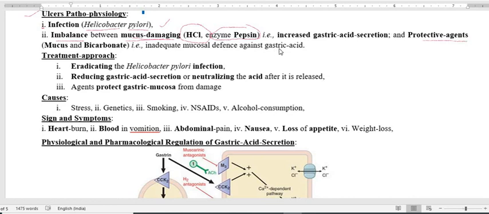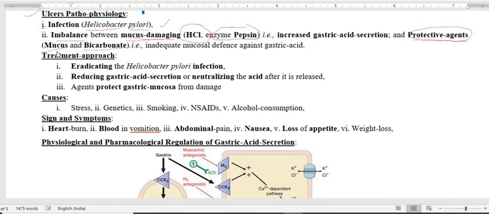Or even if the protective agent is less in amount, then the acid is going to digest the gastrointestinal mucosa, and therefore it may lead to peptic ulcer. The protective agents, which are also called cytoprotectants, are mucus and bicarbonate.